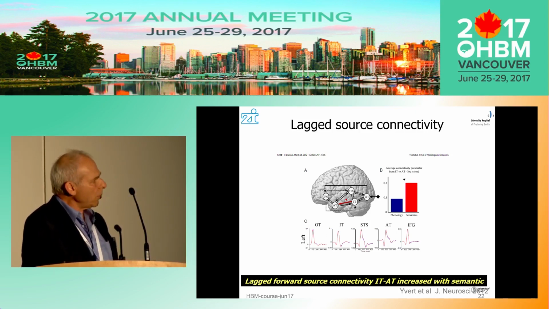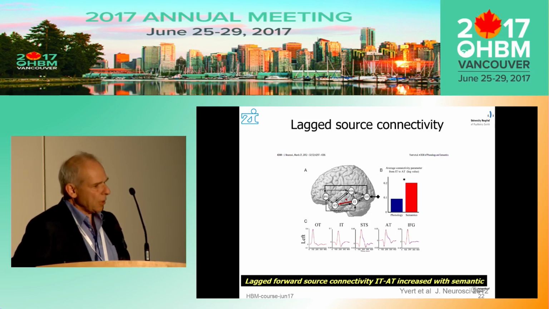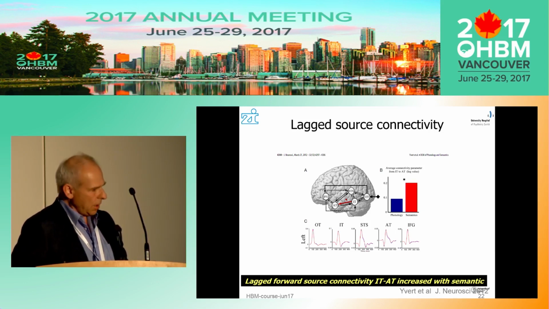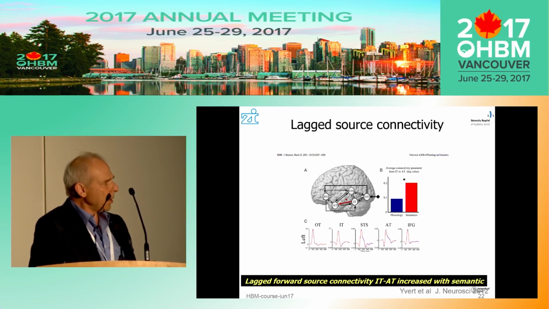So this is coming very close to understanding causal aspects of information processing, directions, and this work is quite nice and also properly considered the baseline connectivity patterns.